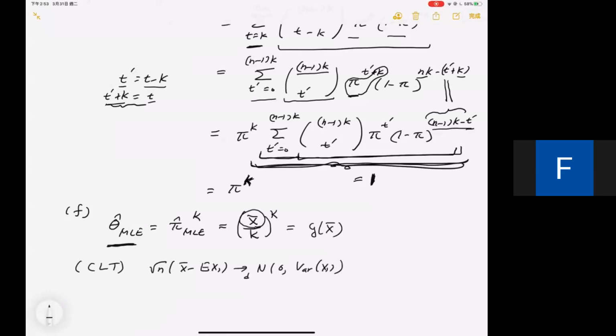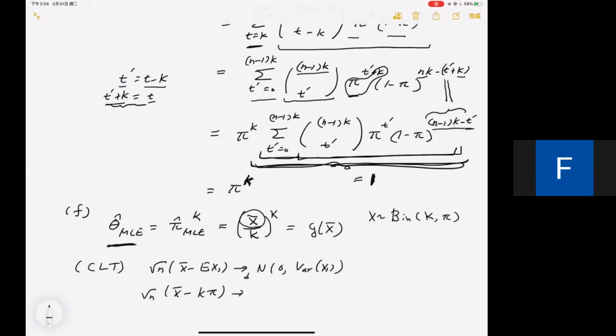This is the central limit theory I told you, right? So I just replace what EX1 is. X1 follows a binomial with K and pi, so the mean of X1 is K pi.